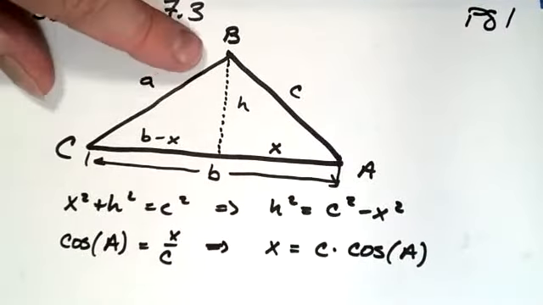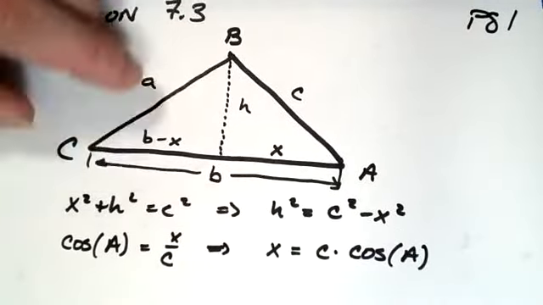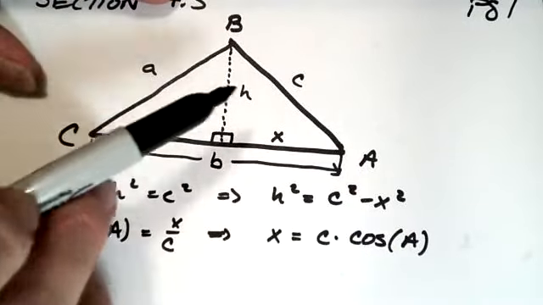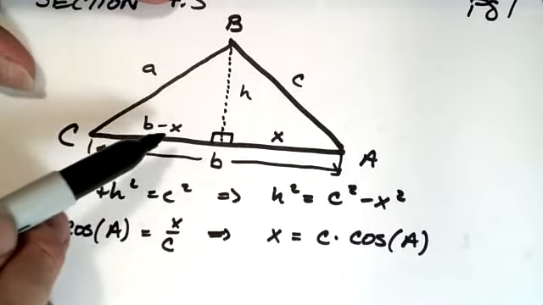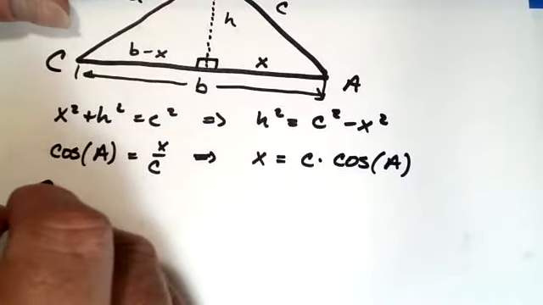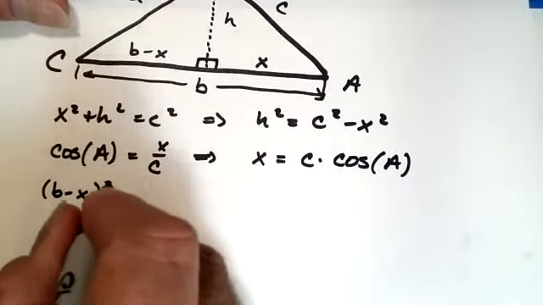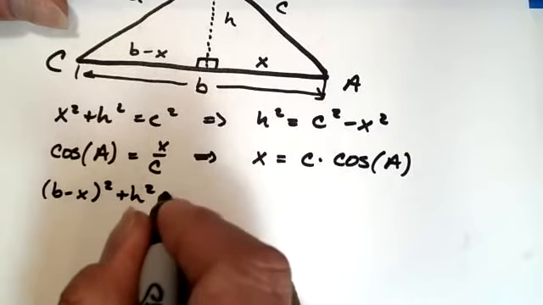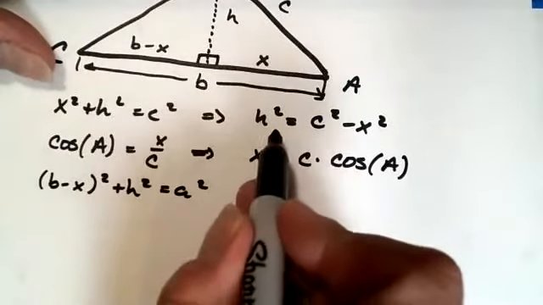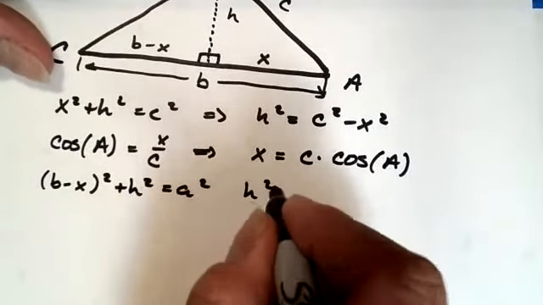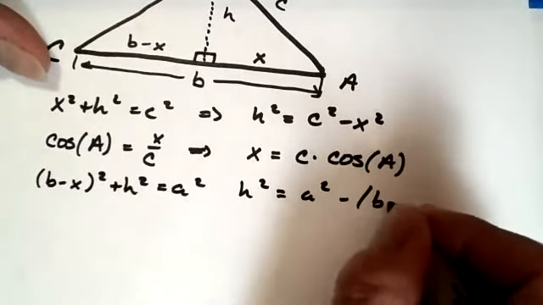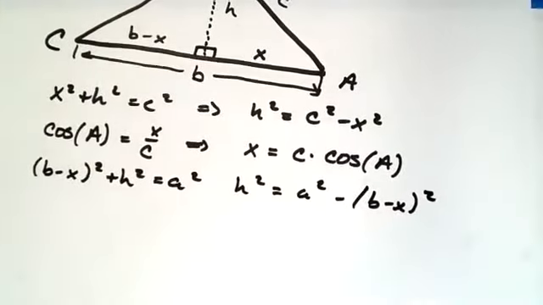Now let's focus back on this right triangle. For this right triangle, I can write a relationship using the Pythagorean theorem between this side and this side. And that's exactly what I'm going to do. So I've got b minus x quantity squared plus h squared is equal to a squared. So just like in the first step, h squared is equal to a squared minus b minus x quantity squared.